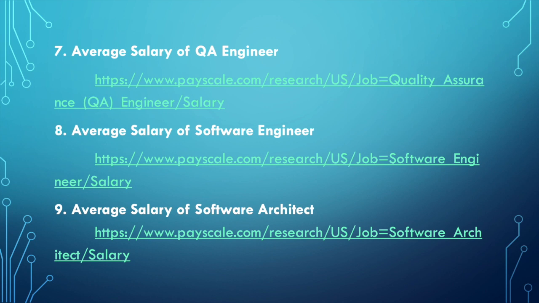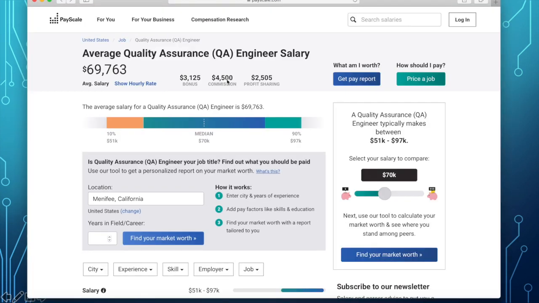I would like to point out the expertise of these three levels of people in software engineering. So let me show you the pay scale of a quality assurance engineer, average salary.